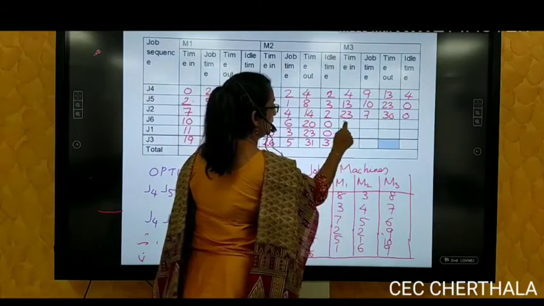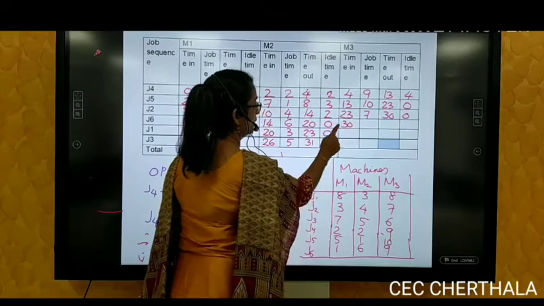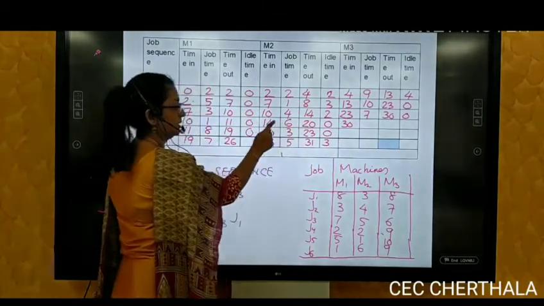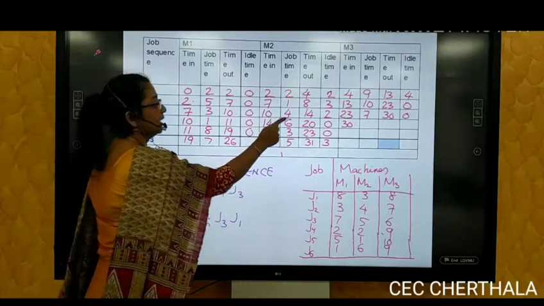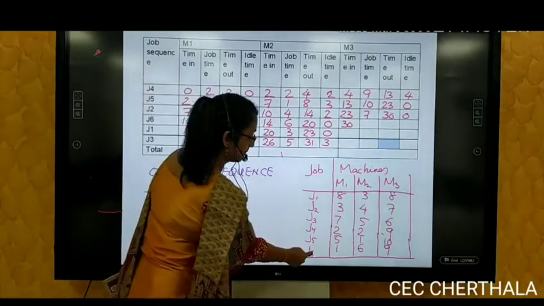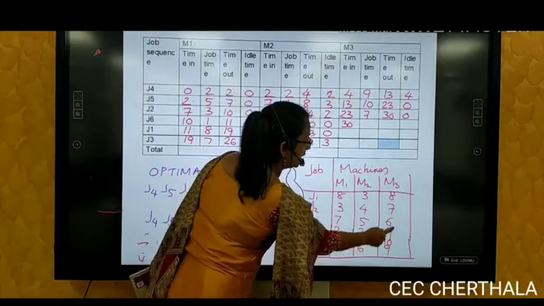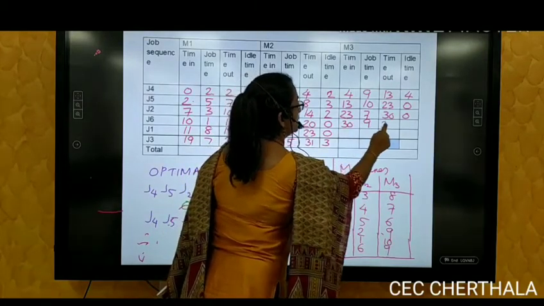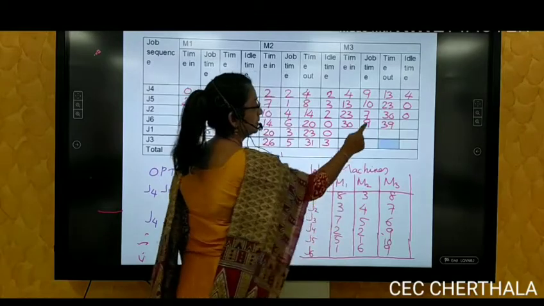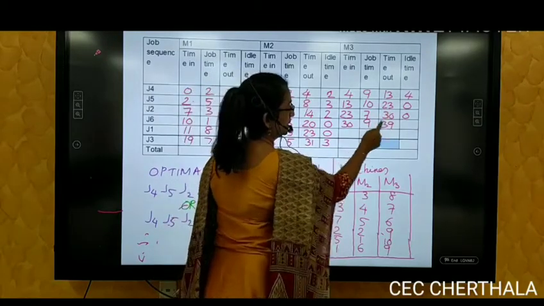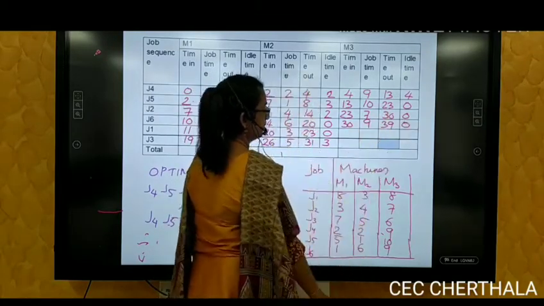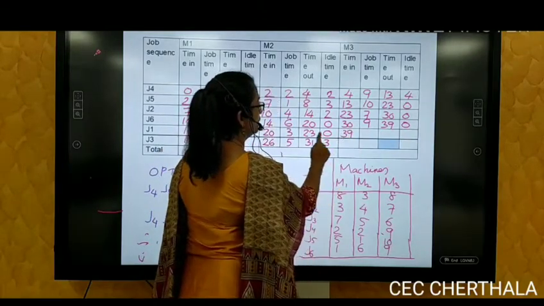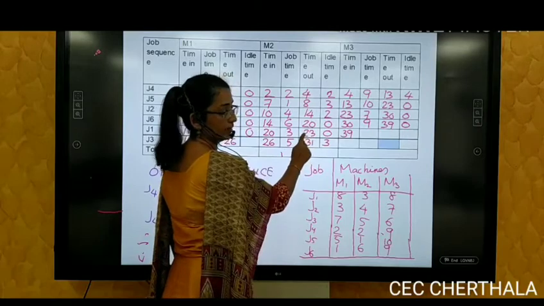Now next job, in the 30th day itself, the machine M3 can work on the next job, J6, because on the 20th day itself, the work is completed. Now J6 takes 9 days at machine M3. So 30 plus 9, 39. So there is no gap. Idle time is 0. Now in the 39th day itself, machine M3 can work on the next job. Here it is 23.